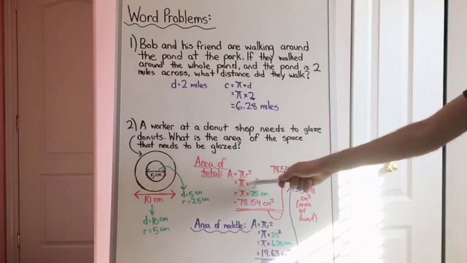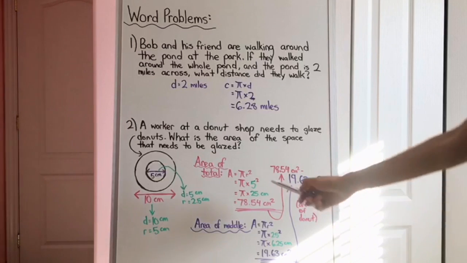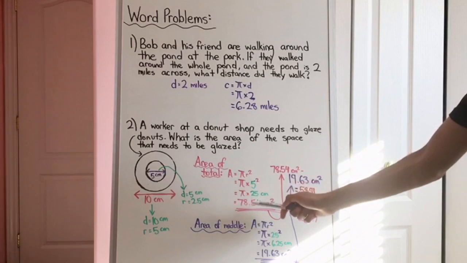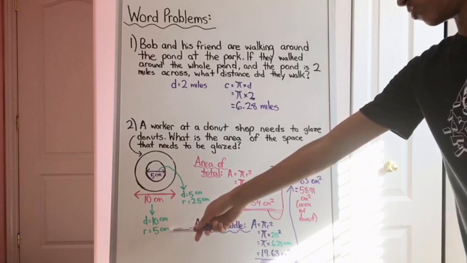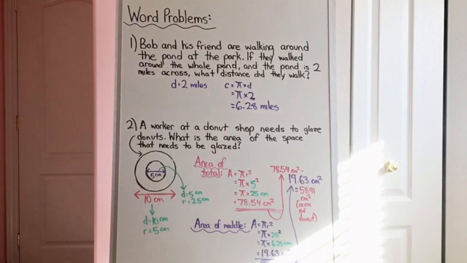So we do area equals pi r squared, which is pi times 5 squared, because the radius of the total is 5 centimeters. So we get pi times 25 centimeters, which is 78.54 centimeters squared. Now, we need to find the area of the middle portion, because that part we need to subtract from the total because there's no donut there.